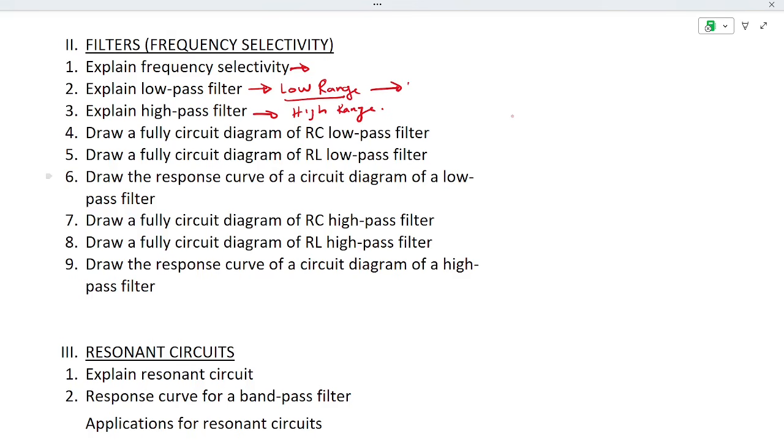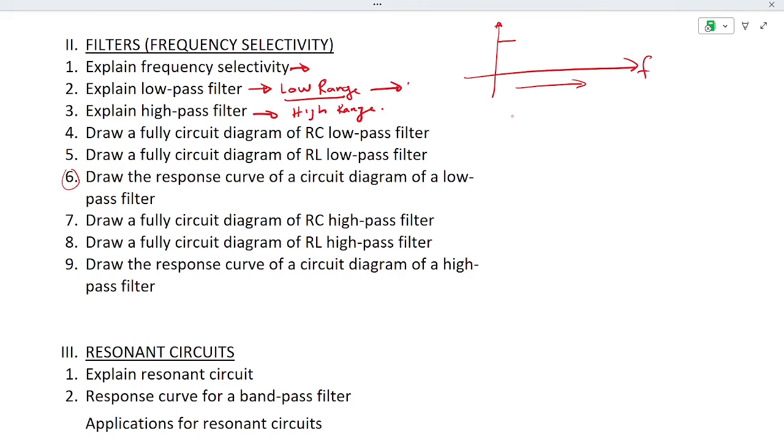Draw the response curves. So if we go straight to point 6, these are your frequencies, your output. Your low pass filter response curve is going to accept the lowest frequencies, because your frequency is increasing from 0 to high.